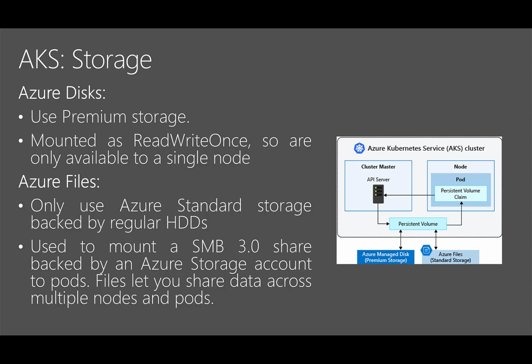This means that if you need to share information across nodes, then you have to use the Azure Files storage. Azure Files, on the other hand, is backed by regular hard drives, standard storage, and it's used to mount an SMB share, and of course lets you share data across multiple nodes and pods.